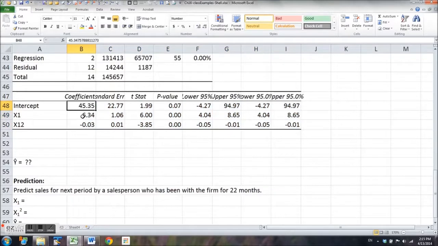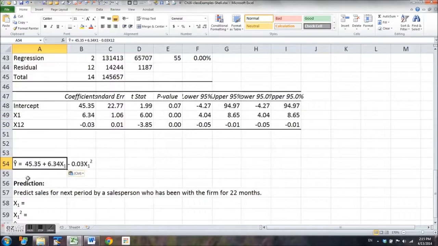So that's B sub 0, B sub 1, and B sub 2. So let's now construct the y hat equation. So y hat is 45.35 plus 6.34 x sub 1 minus 0.03 x sub 1 squared.